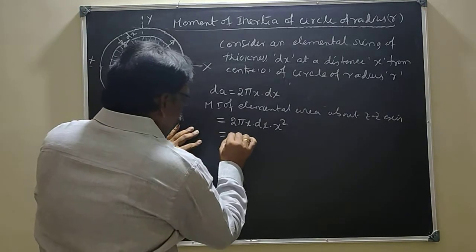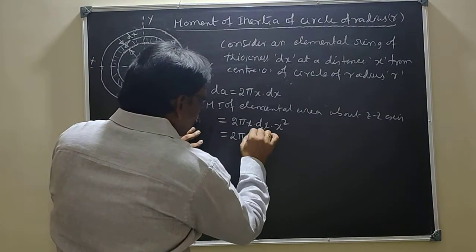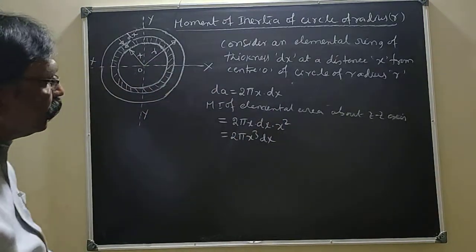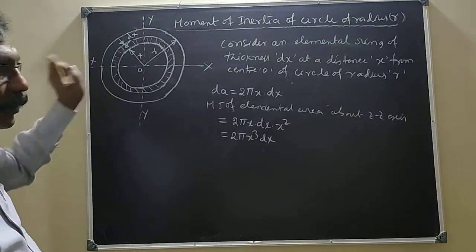So this is equal to 2 pi x cube into dx. This is the moment of inertia of this elemental strip.